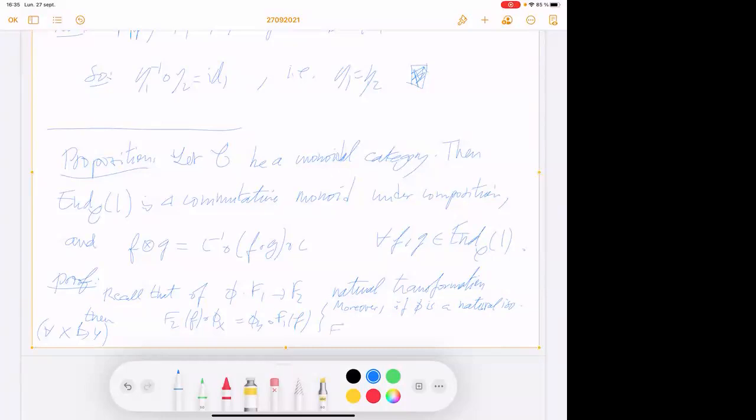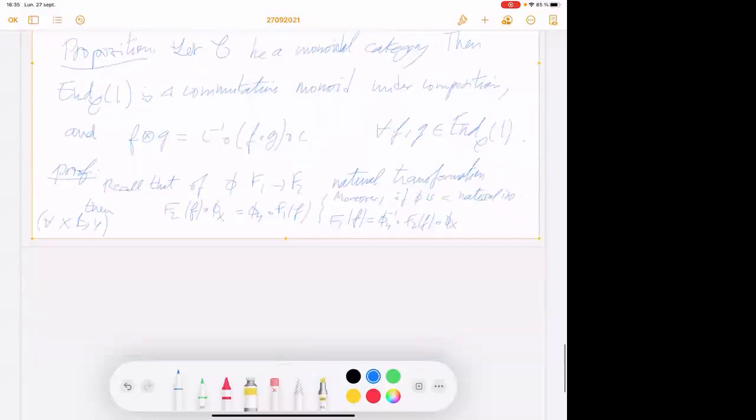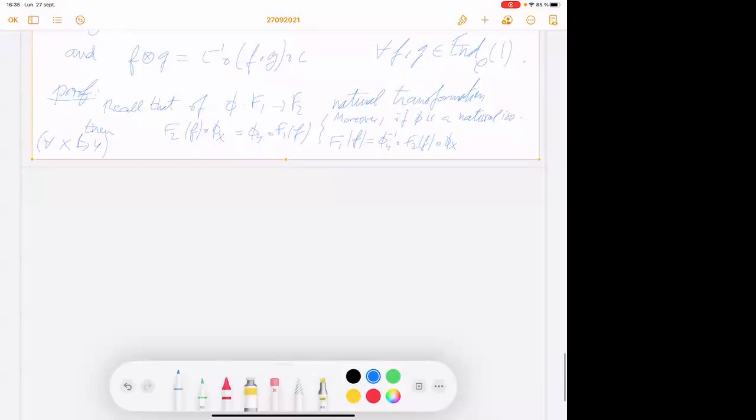So you have F1 of f is equal to phi y inverse composed with F2 of f composed with phi x. So let's apply that to a specific case.